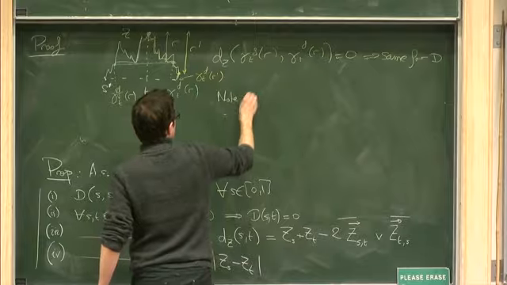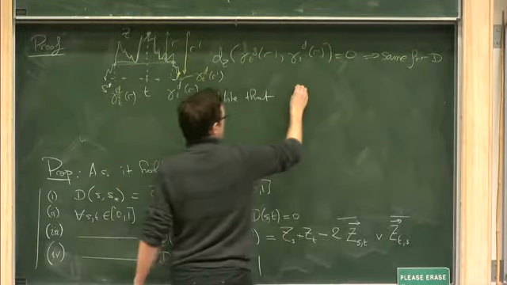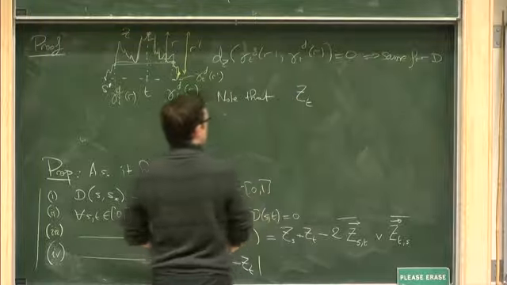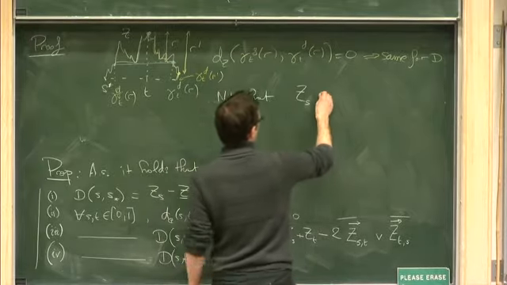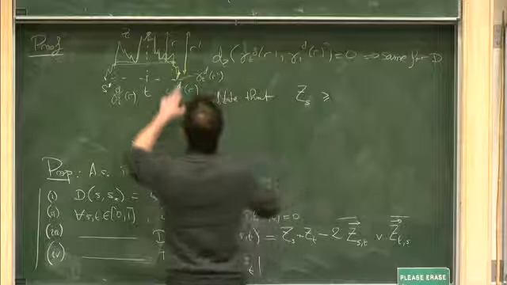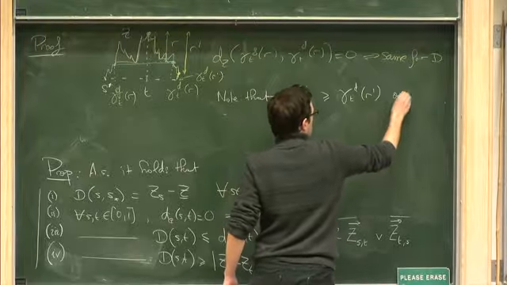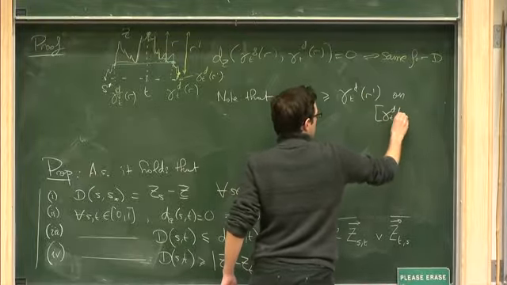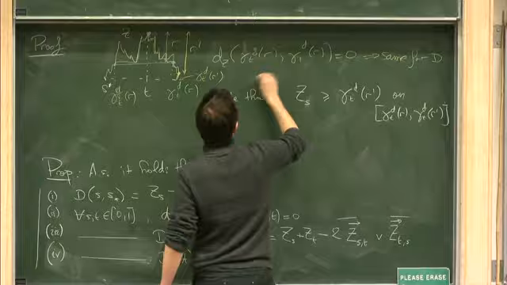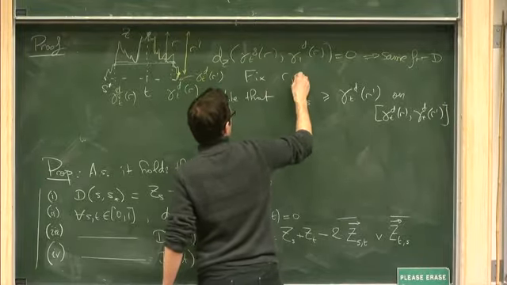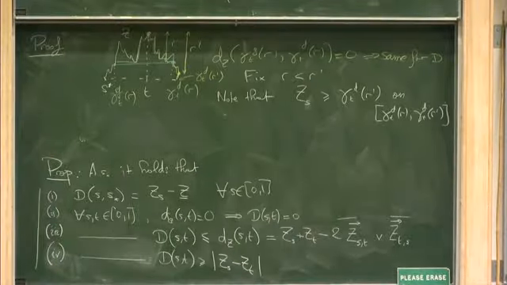Then note that Z of S is always greater than or equal to, by definition, gamma t d of R prime on the interval from gamma t d of R to gamma t d of R prime, whenever R and R prime are fixed with R less than R prime.